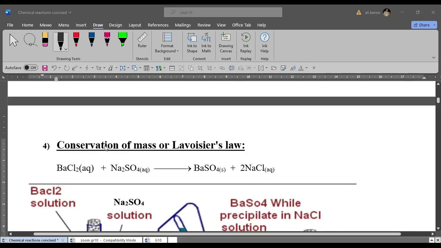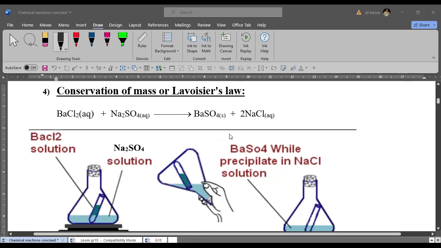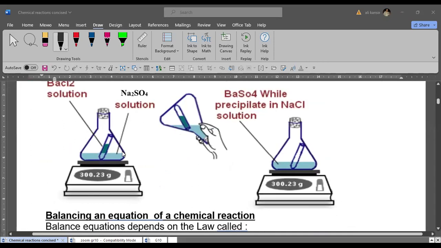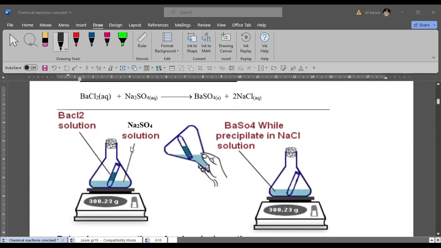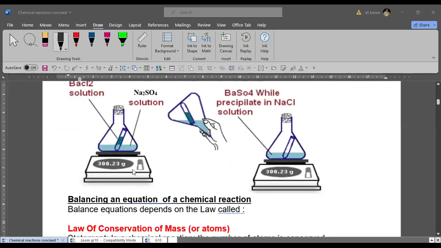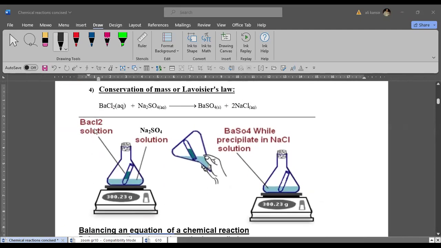The law of conservation of mass, also called Lavoisier's law. What do you mean by Lavoisier's law? It means the conservation of mass. As we see here, this law can be verified by an experiment. We have a substance called barium chloride, BaCl2, and a substance called sodium sulfate, Na2SO4.